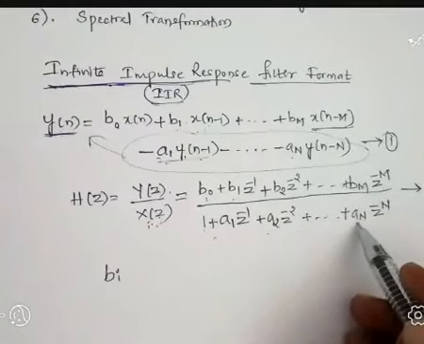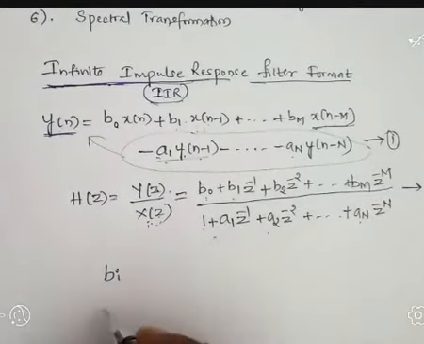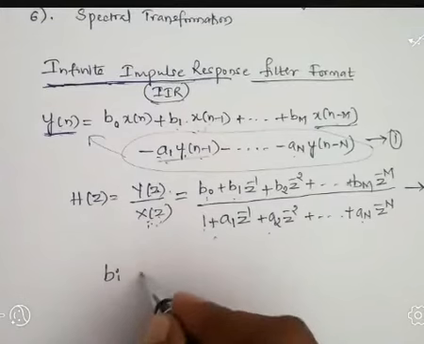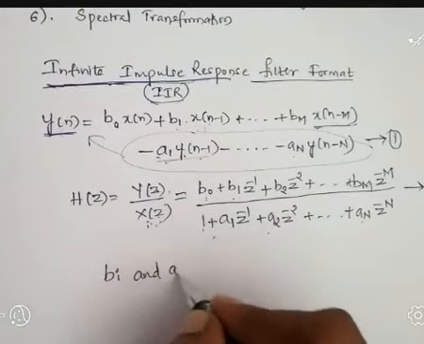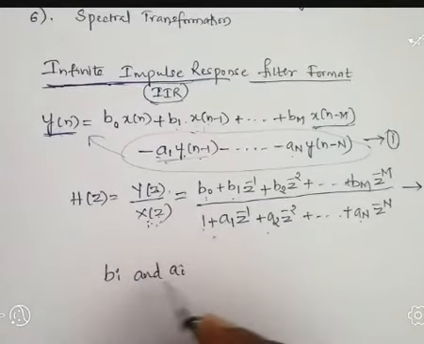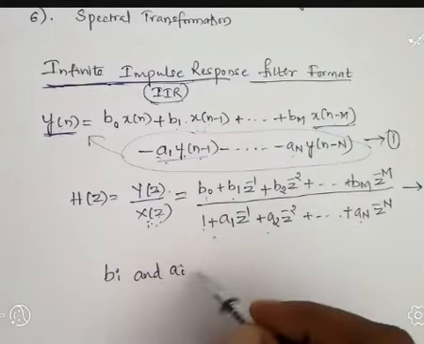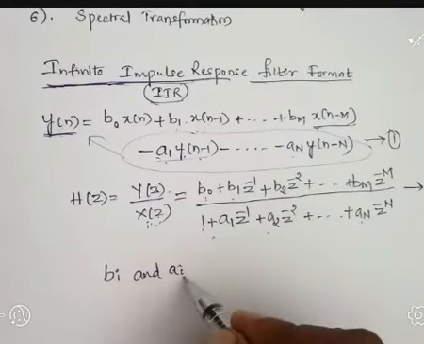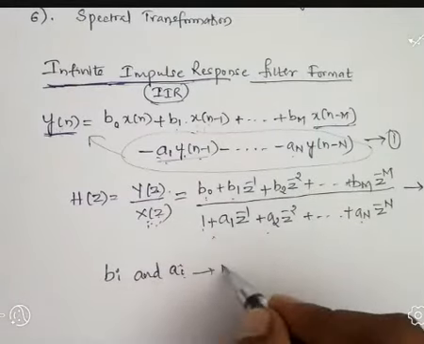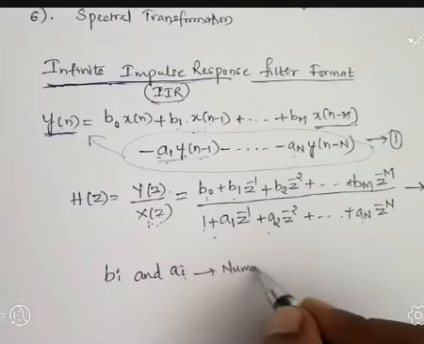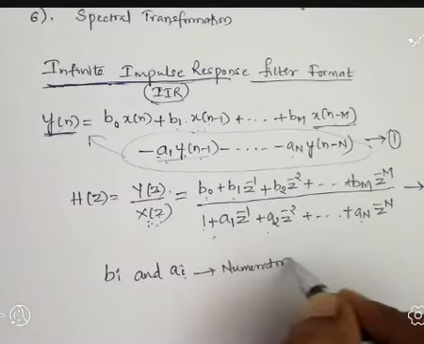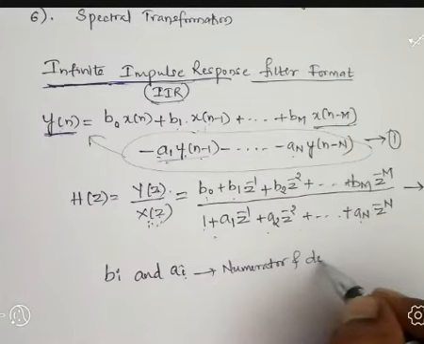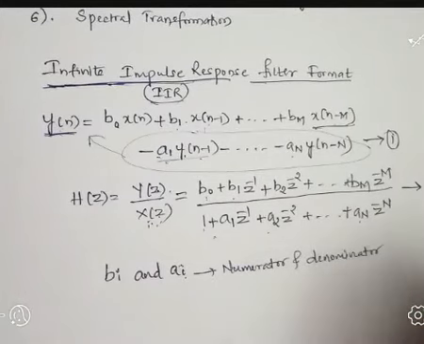What do these terms indicate? bi and ai in general are the numerator and denominator coefficients. That's it.